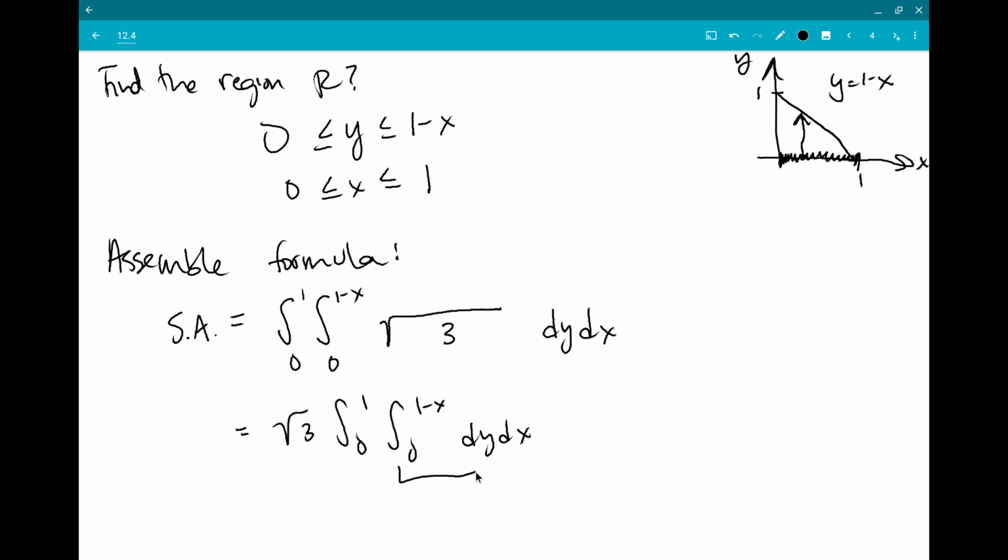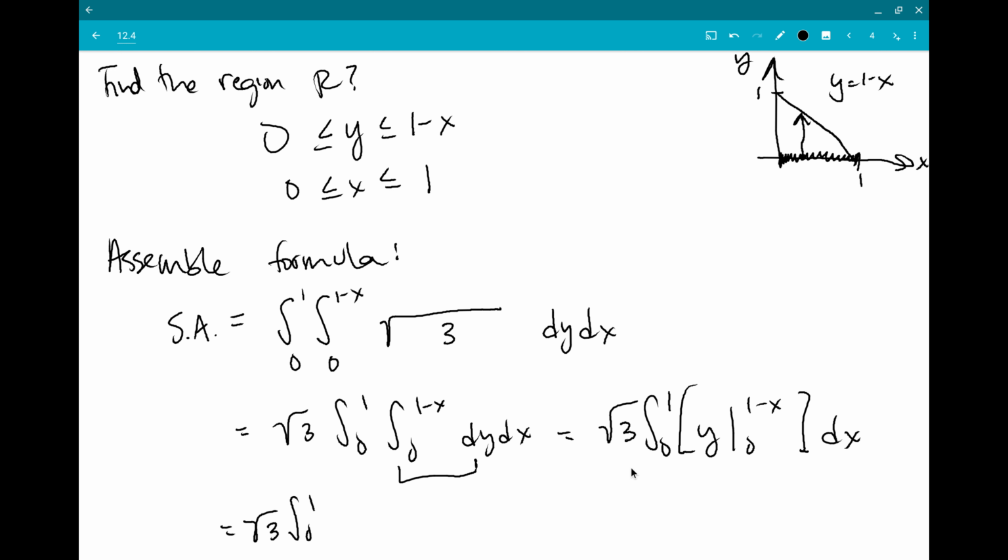And then this is just a double integral problem. I take my innermost integral with respect to y. That gives me y evaluated from 0 to 1 minus x, dx remains. So that becomes 1 minus x minus 0. So I'm just going to leave that minus 0 out. And I'm integrating with respect to x.